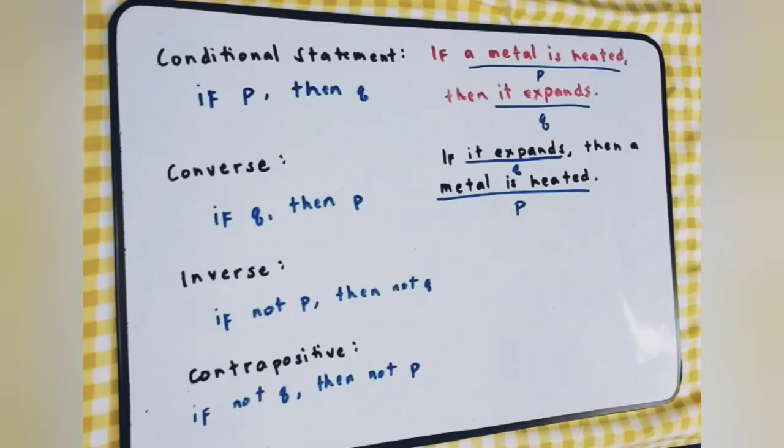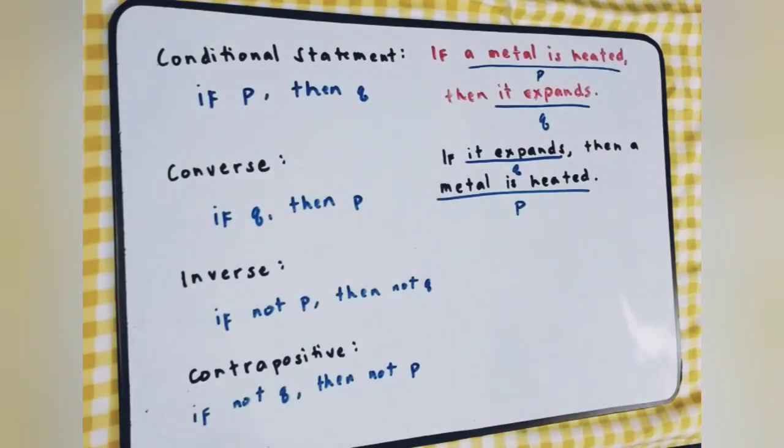If the conditional statement is positive, we make it negative, using words like not, don't, doesn't, do not. And if it's negative, it becomes positive. Here the statements are positive. So if not P, then not Q: we negate the conditional statement. That is the inverse, the negation of the conditional statement.